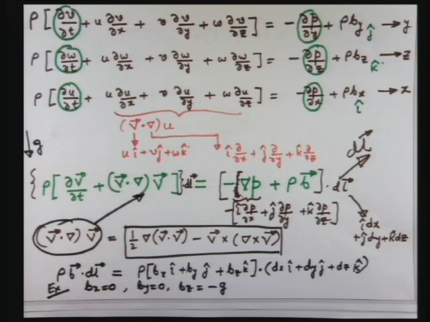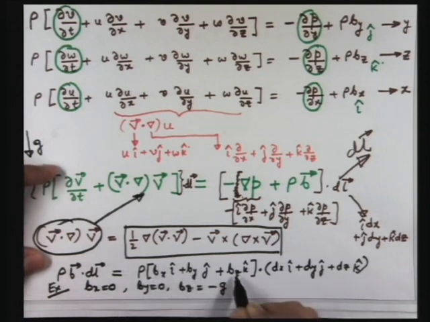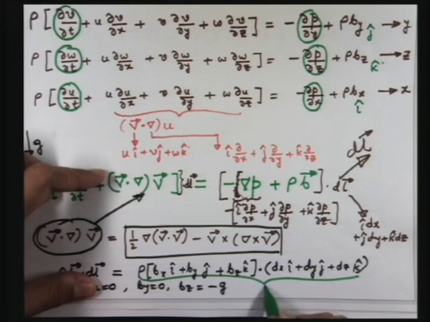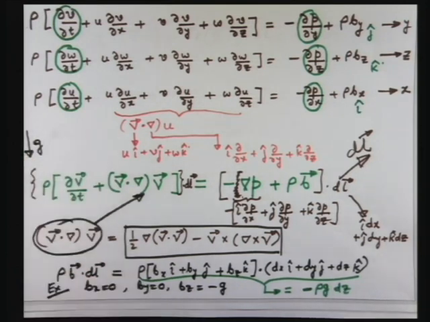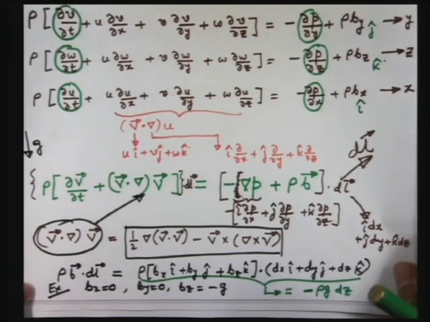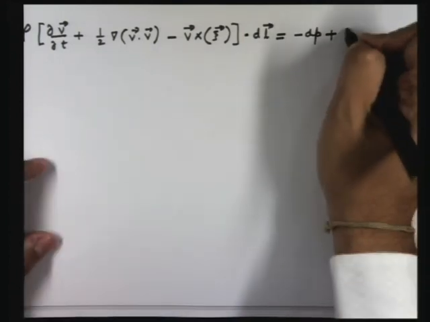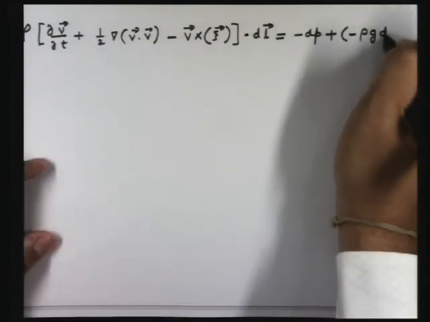If you write that, then this total term will become what? Minus rho g dz. So minus rho g dz.